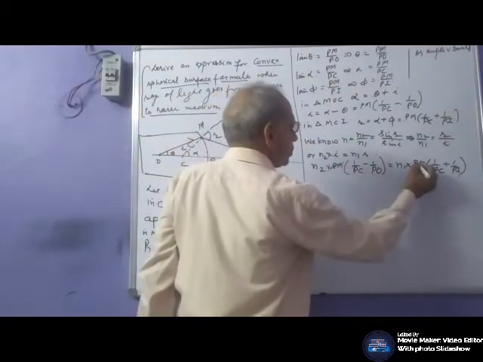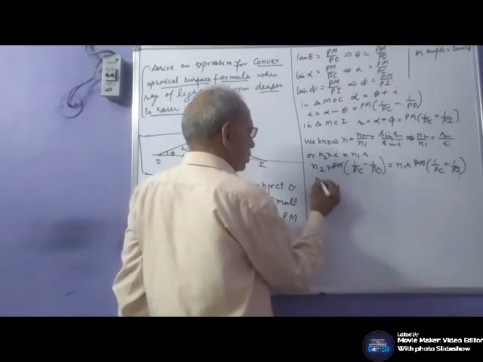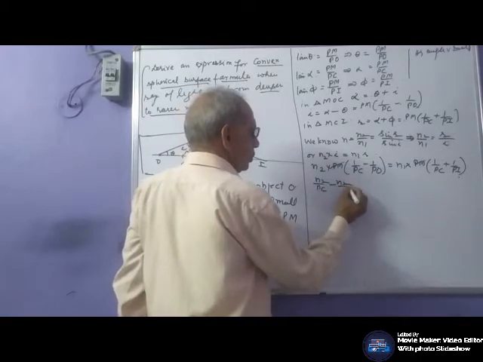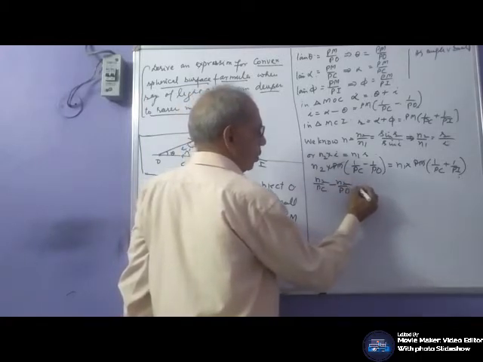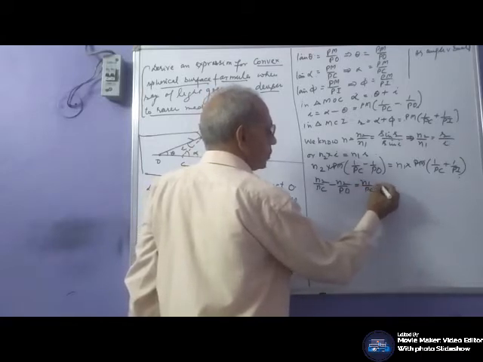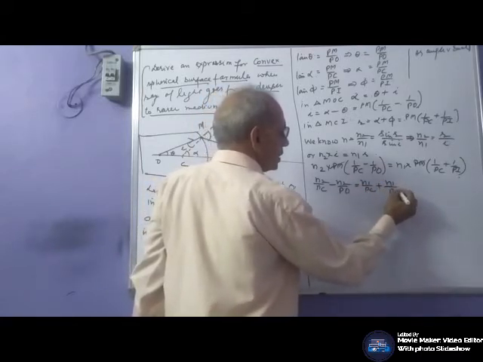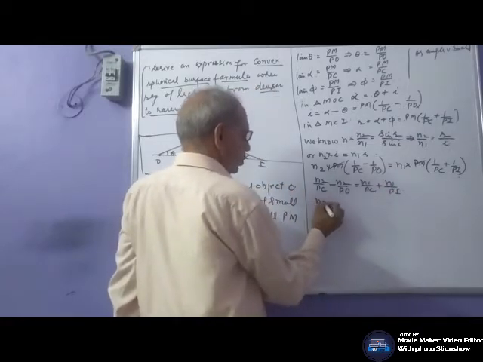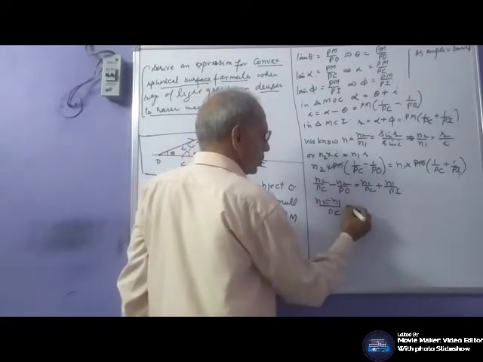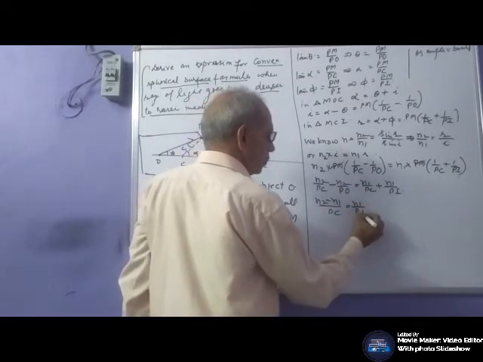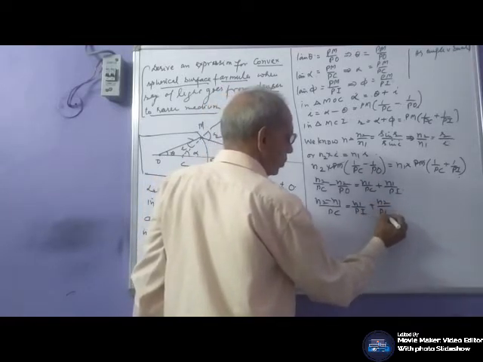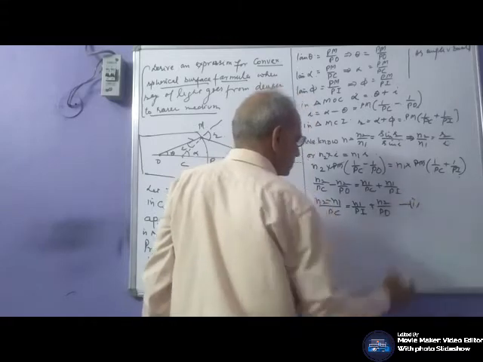PM with PM: N2 by PC minus N2 by PO equals N1 by PC plus N1 by PI. N2 minus N1 by PC, take this to this side: N1 by PI plus N2 by PO. Number first.